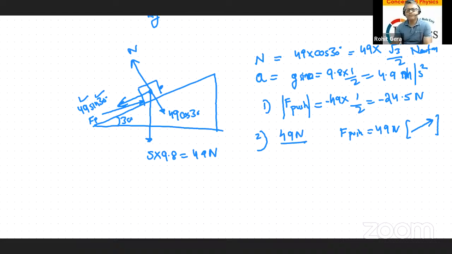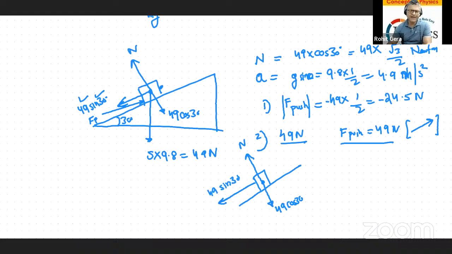Okay. Now, the net force, let's draw the free body diagram. The net force is this. In the normal reaction axis, everything is still whatever it was. This is normal reaction. This was 49 cos 30. Everything is balanced, and you are getting pulled because of your own weight by 49 sine 30, and you are now facing an external force of 49 newtons.